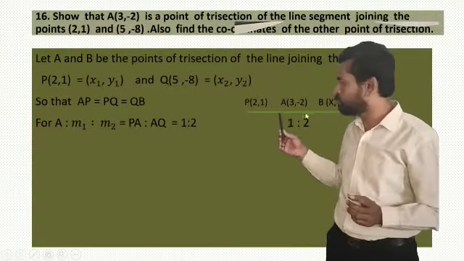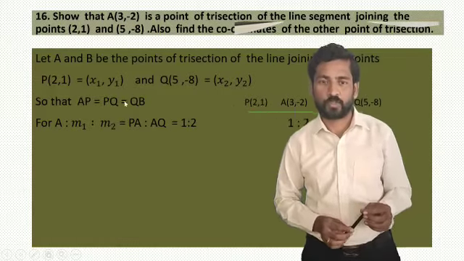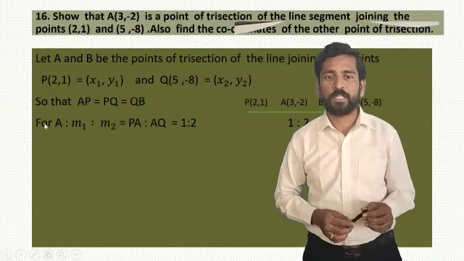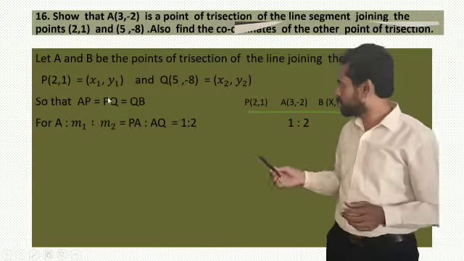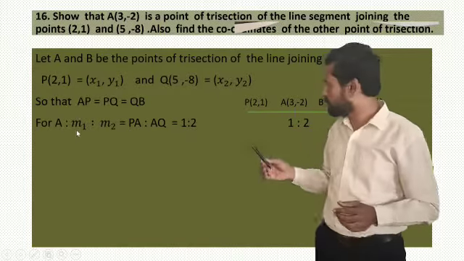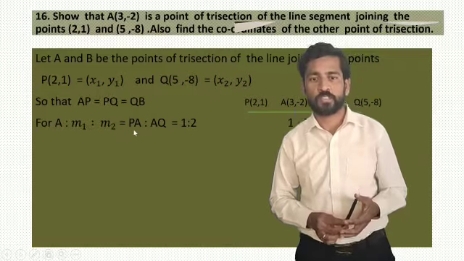Now we have to prove A point as (3, -2). So let us consider AP equals PQ equals QB, and first find out the A value, that is m1 is to m2 as PA is to AQ, that is equals 1 is to 2.